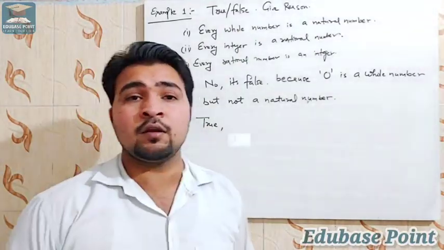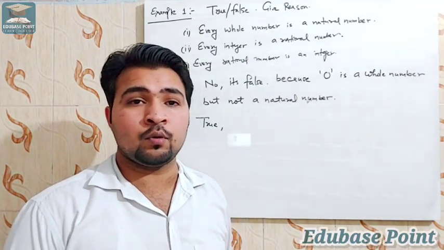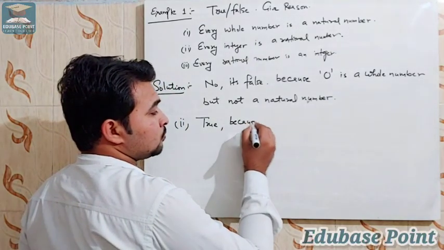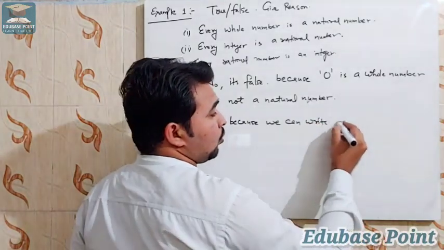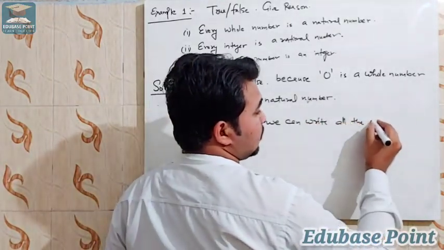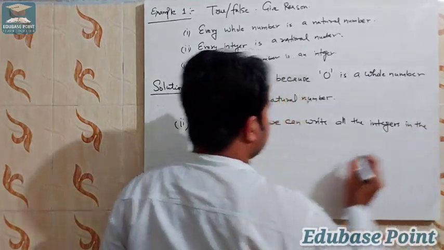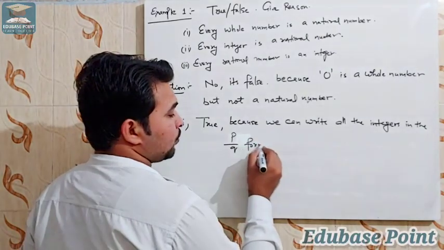Why? Because we can write all the integers in the P upon Q form.